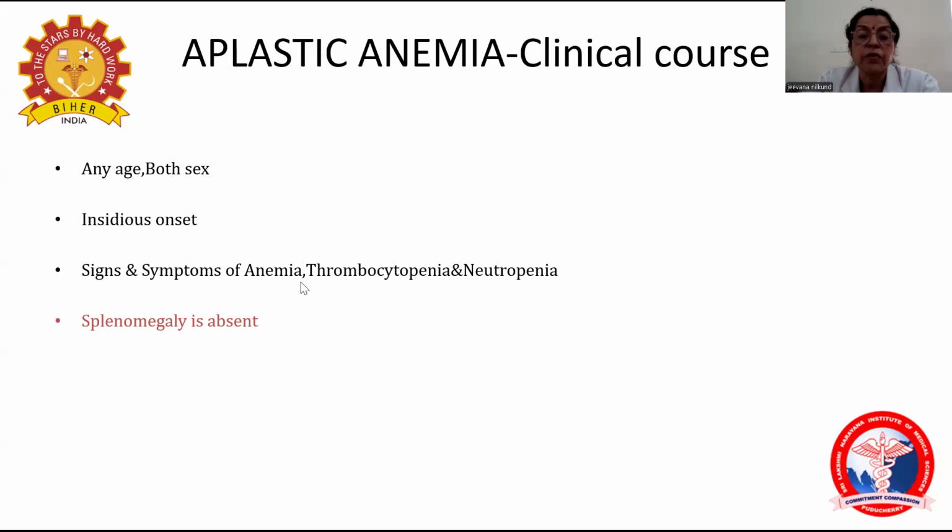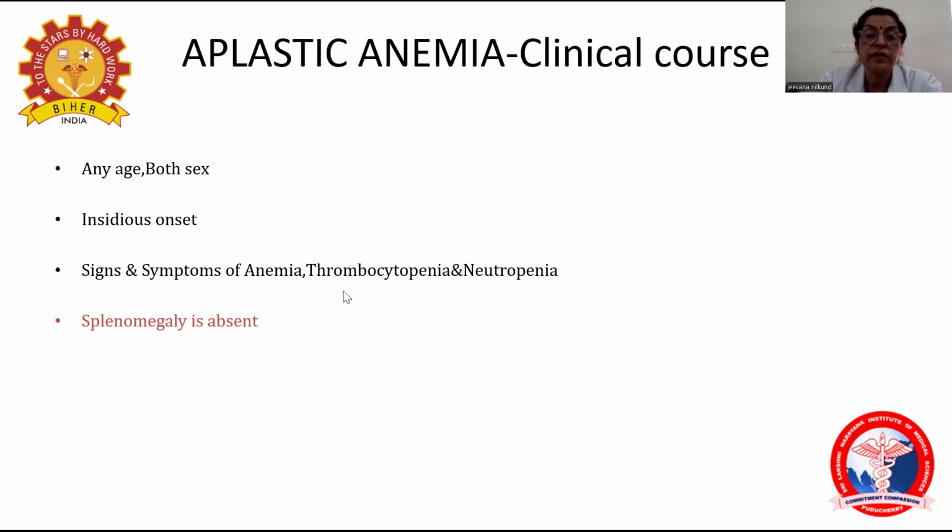The patient will complain of weakness, dizziness, breathlessness because of anemia. With thrombocytopenia, the patient may complain of hemorrhage. The patient bleeds from trivial sites or bleeds very easily because there is reduction in the platelets. And because of neutropenia or leukopenia, there is increased risk of infection. Thereby, the patient comes with a history of fever.